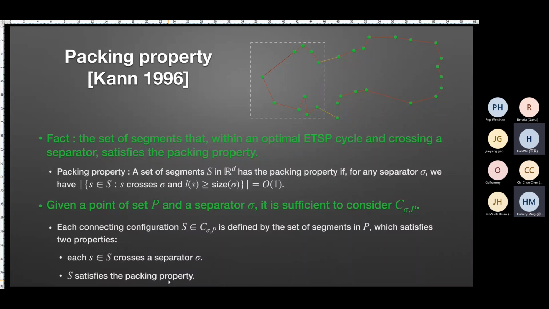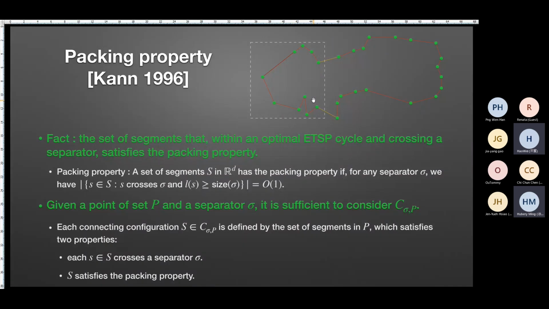That means there may be some segments crossing the separator, but there cannot be too many compared with the size of the instance.